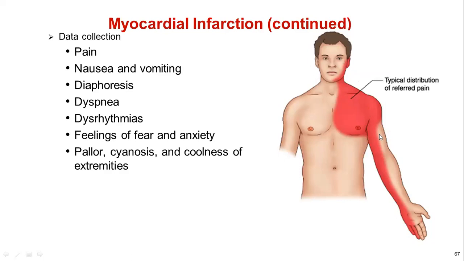This is the typical distribution of referred pain in case of MI. What are the other signs and symptoms? Anxiety, palpitation, tachycardia, diaphoresis, cold, clammy skin, or pallor, right? And common nausea and pain.